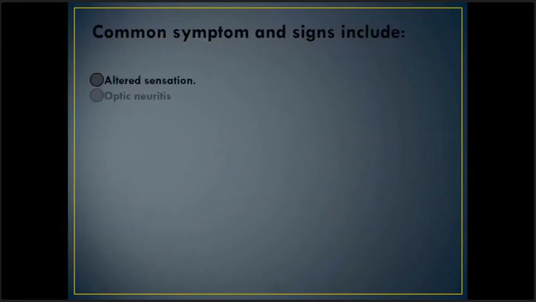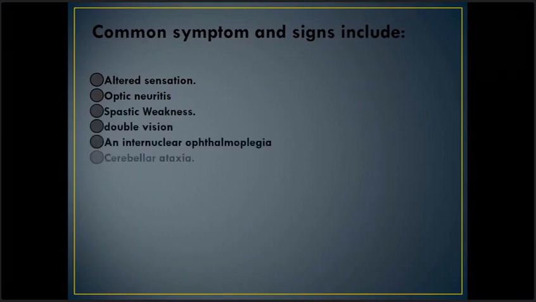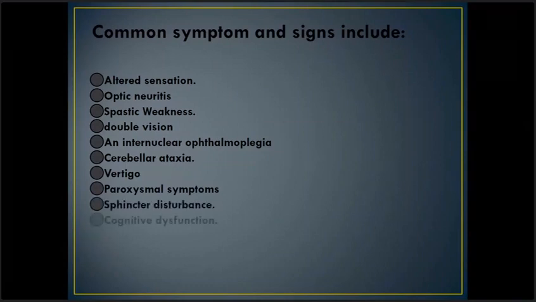But there are common symptoms and signs. Altered sensation, of all types, is very common in multiple sclerosis. These manifestations are put from upward to downward according to their frequency. Altered sensation is the most common, and cognitive dysfunction is the least common, but can be found. In addition to the clinical manifestations, there is something called heat sensitivity.